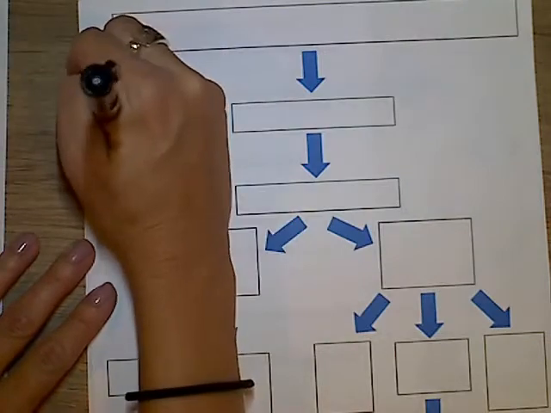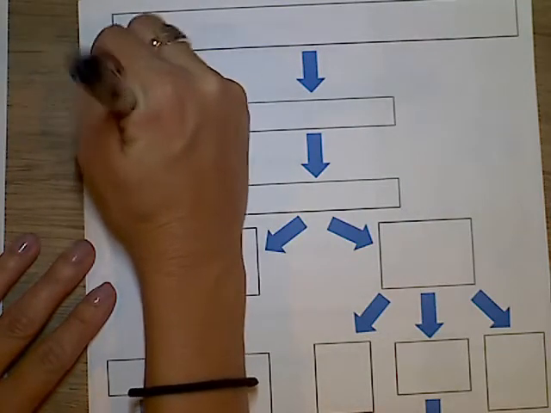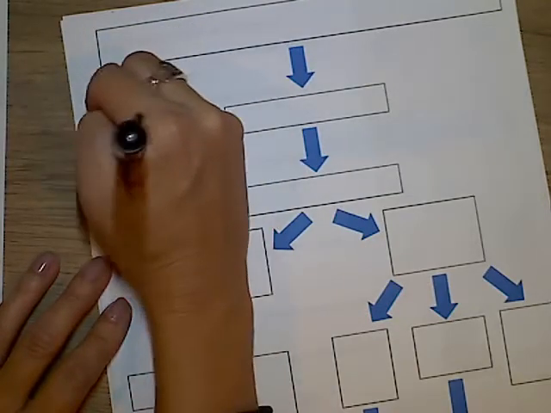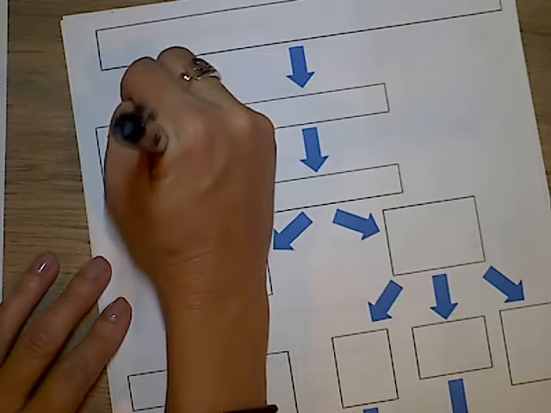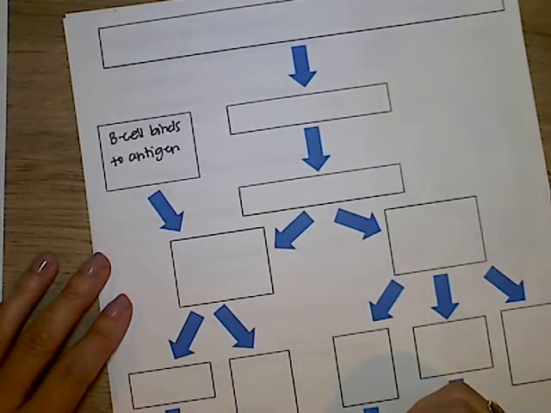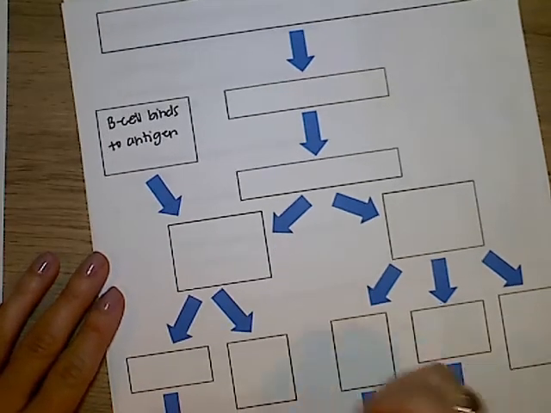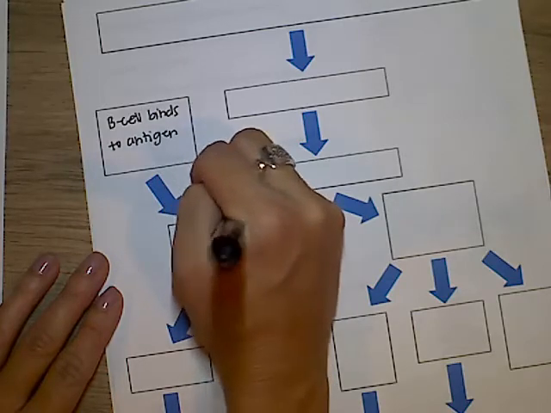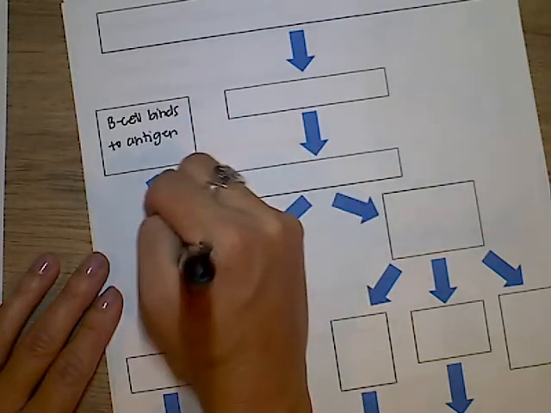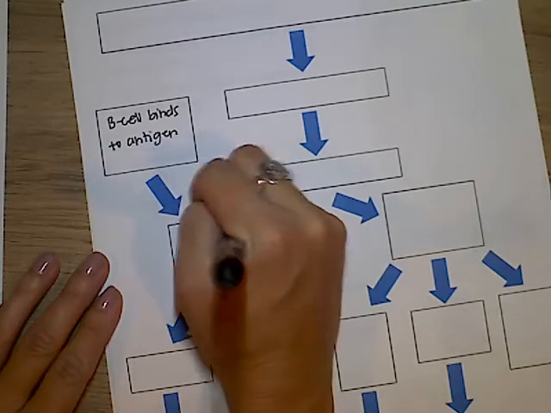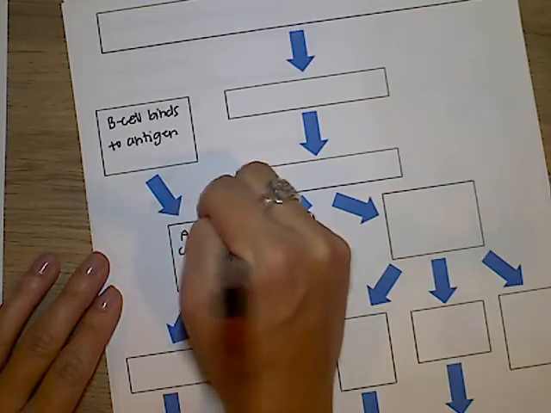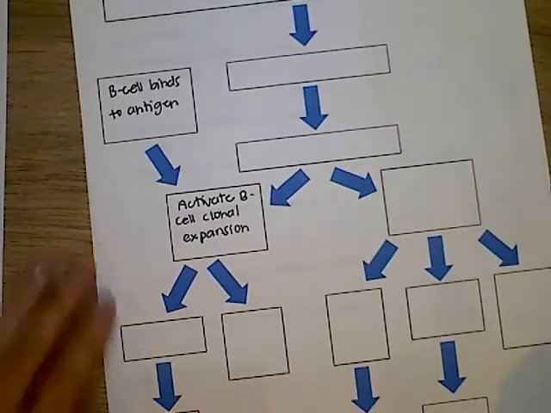So remember with the B cell, the first thing that happens is the B cell binds to an antigen. And this will activate B cell clonal expansion, like we saw. It'll recognize, hey, we need some more of us to fight off this pathogen, so let's clone ourselves and expand throughout the body so we can help fight this.